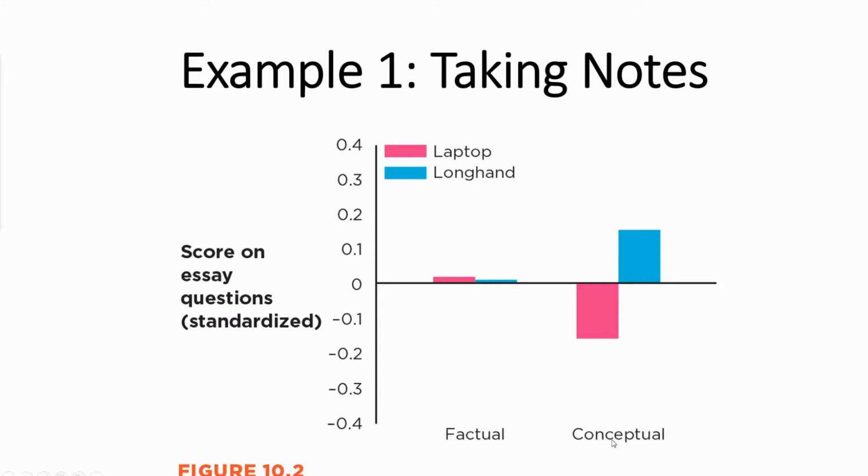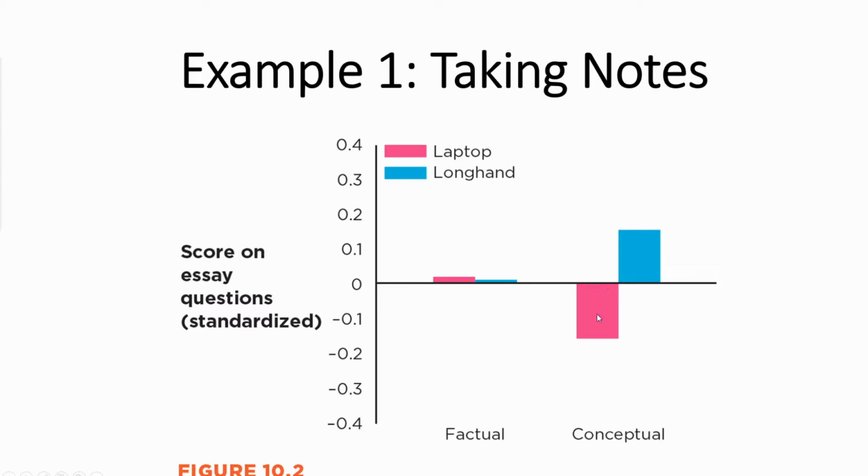But if we hop over to our conceptual questions, once they started asking students about their understanding, then we see that people who took longhand notes, who had written notes, they performed much, much better than people who were using laptop notes.